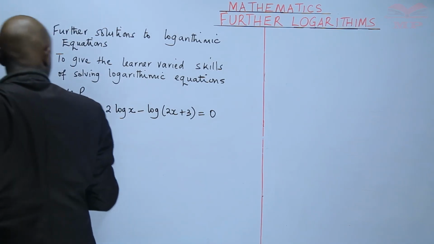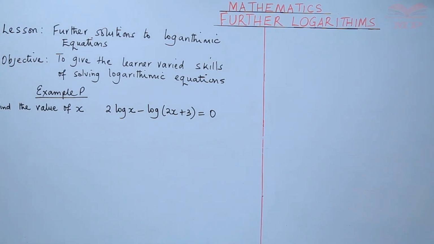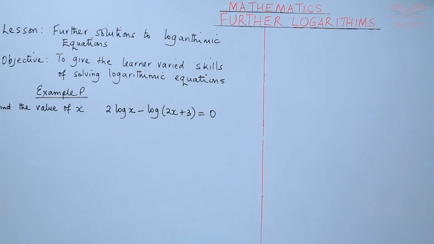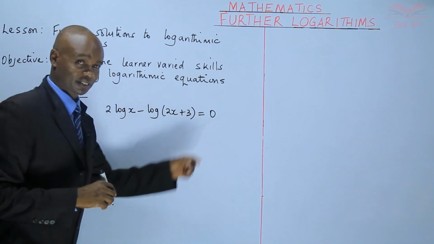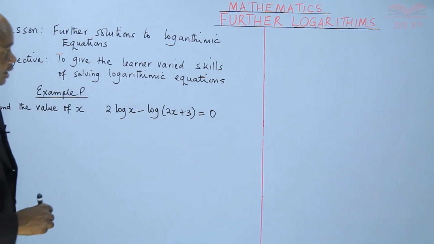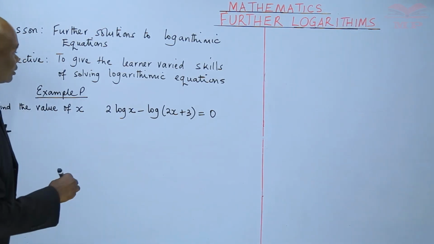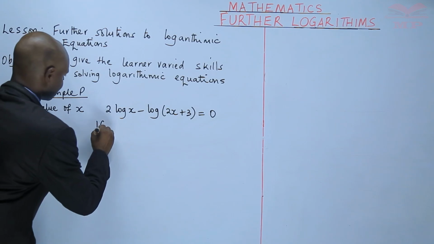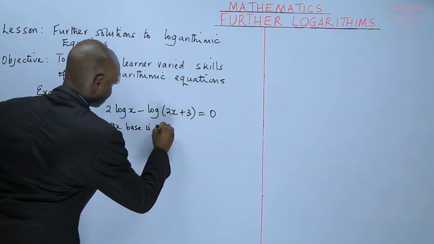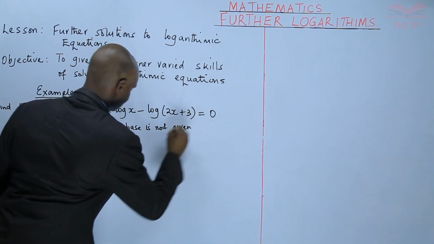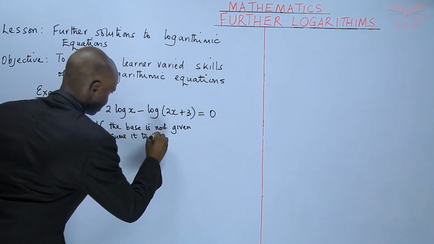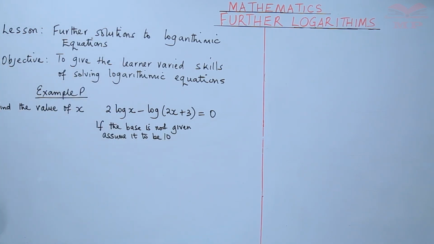So learner, that is the first question we have, but it is very interesting. One is asking, where is this zero coming from? So you might do something to that zero before we continue. I said if the base is not given, assume it to be 10.